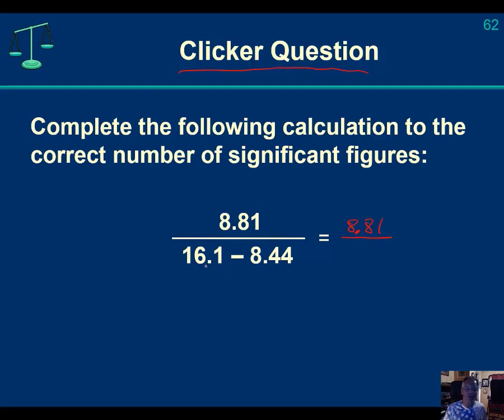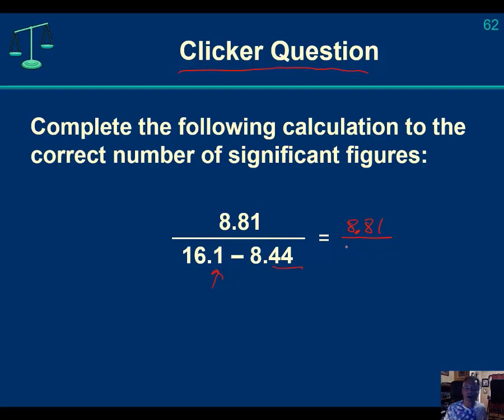When I do the subtraction of 16.1 minus 8.44, the subtraction rule says that I can only report this denominator to the fewest number of decimal places that I have. I have 2 decimal places here, and I only have 1 decimal place here. So appropriately, based on the addition-subtraction rule, I should only have 1 decimal place.